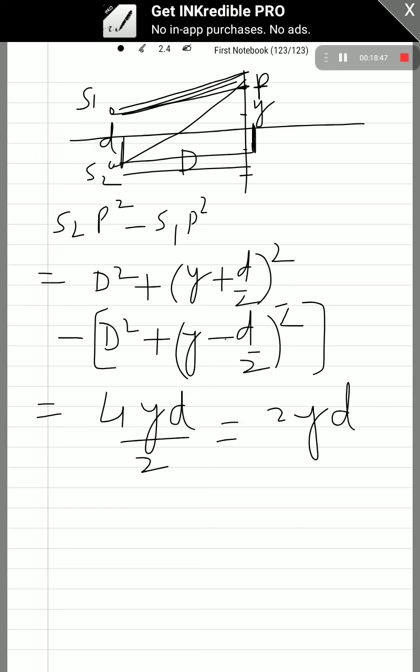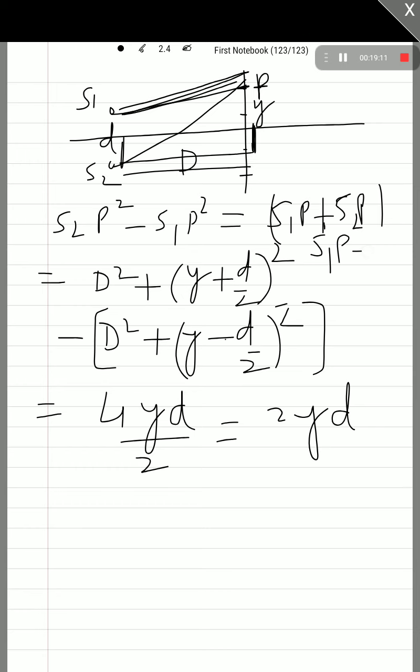So this is S2 square minus S1 square. It can be written as, because S1P and S2P are nearly equal, S1P plus S2P times S1P minus S2P.